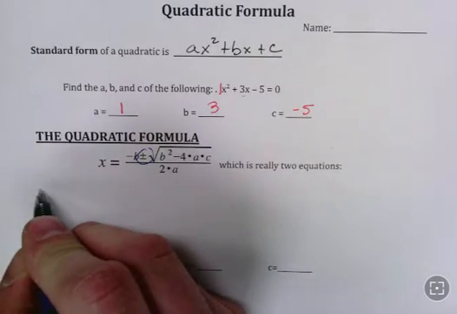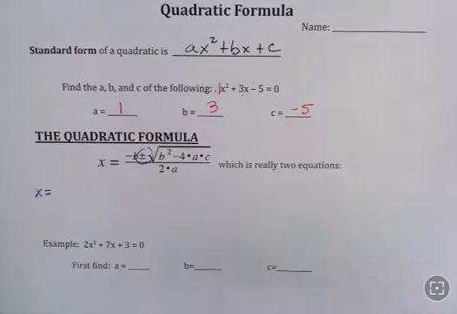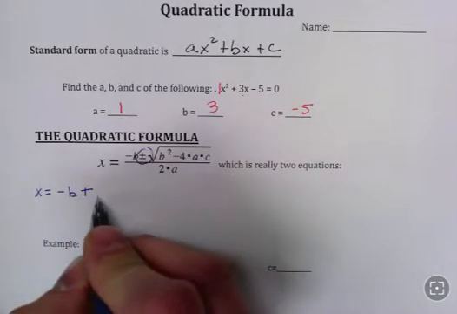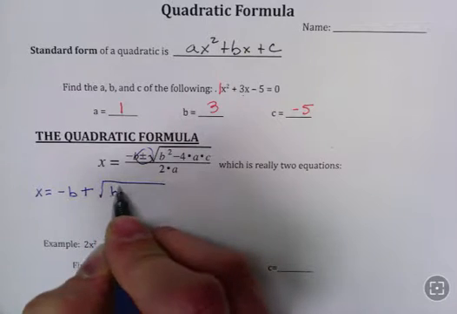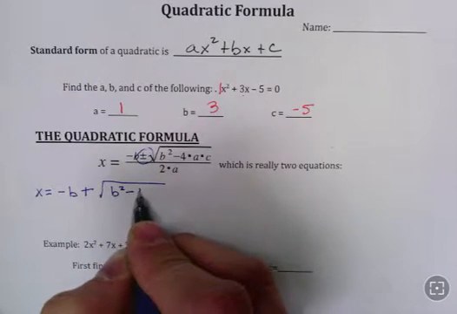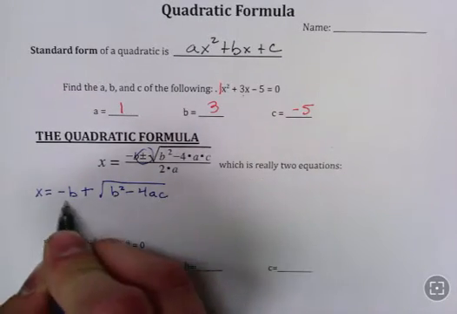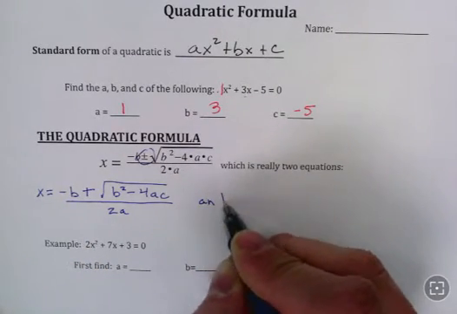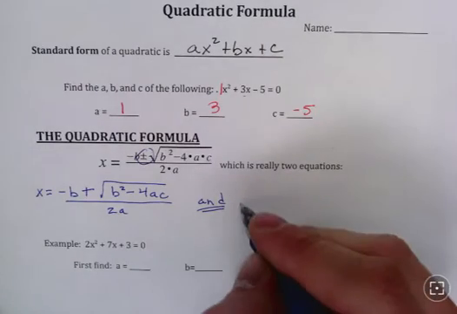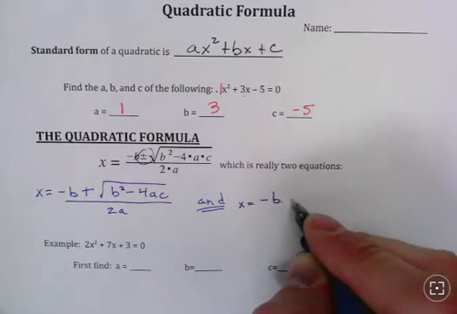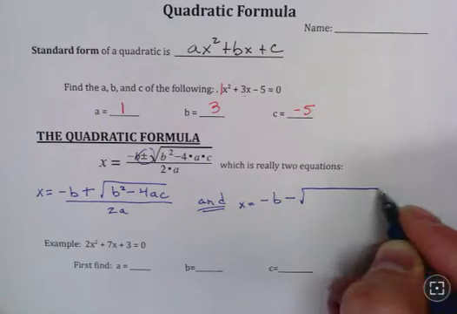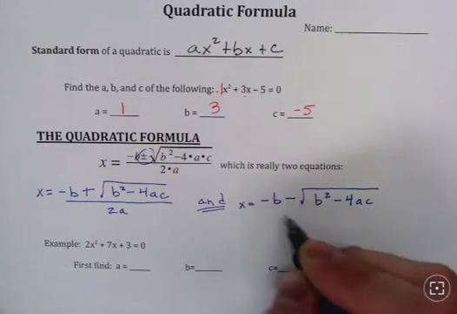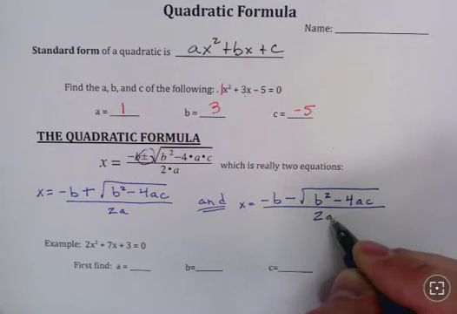If we write out what those two equations are, x is equal to the opposite of b plus the square root of b squared minus 4ac all over 2a, and x is equal to the opposite of b minus the square root of b squared minus 4ac all over 2a.